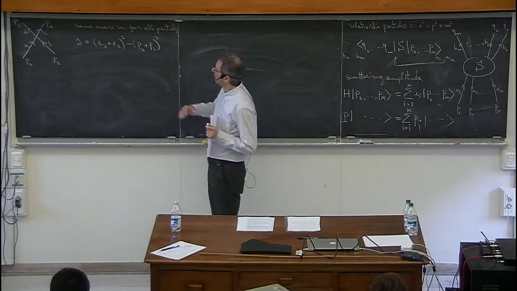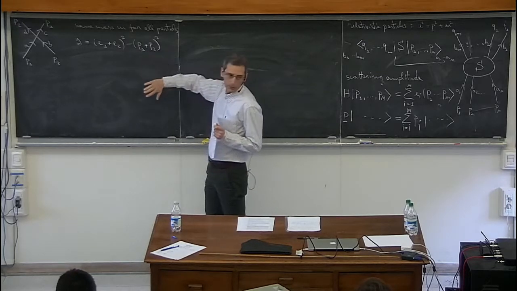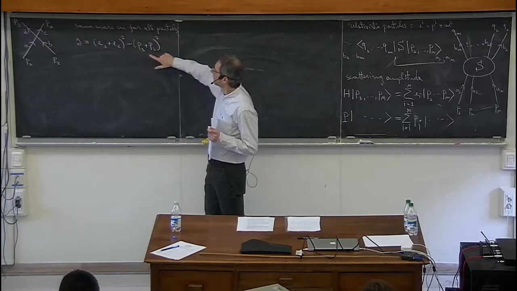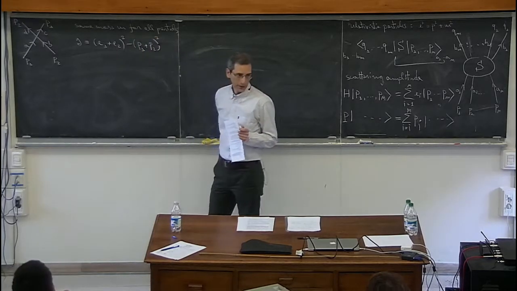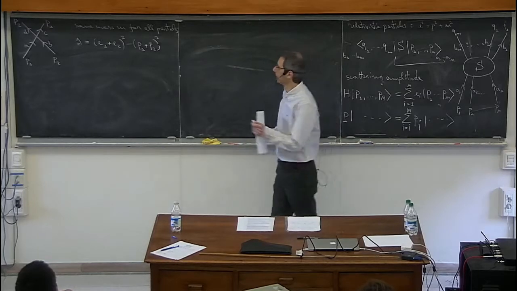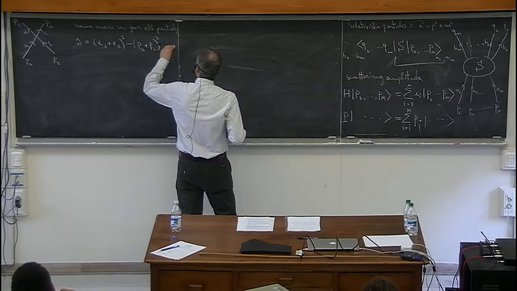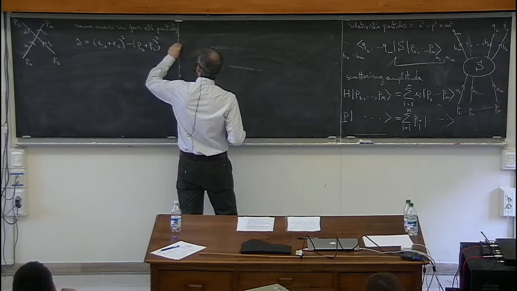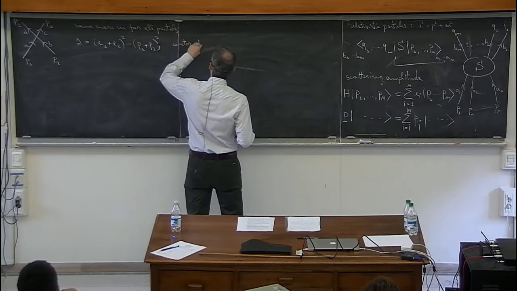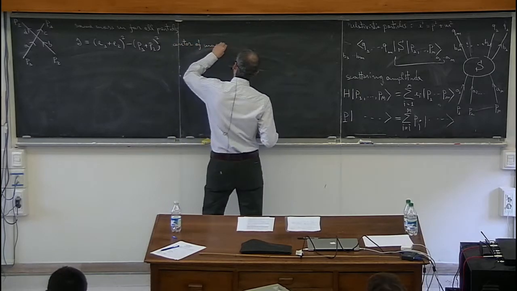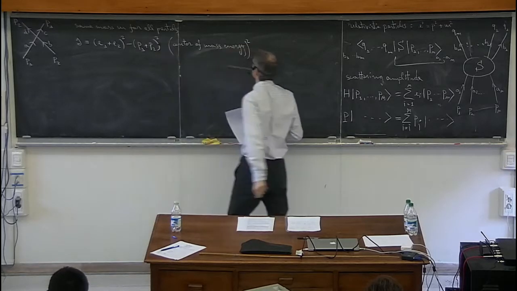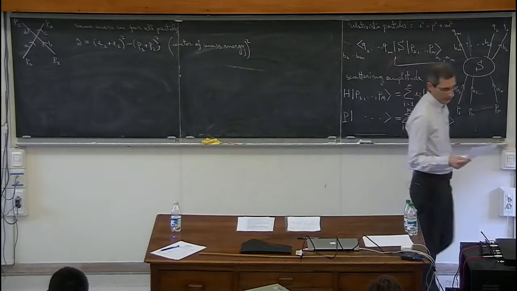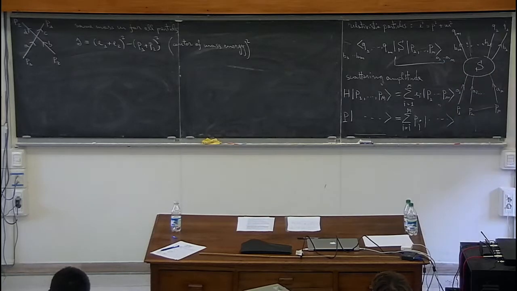And you see, if you go to the center of mass system, in which the total momentum is 0, this term disappears. So you are left with the square of the total energy in the center of mass. So this is the center of mass energy squared. It has a very precise physical meaning.